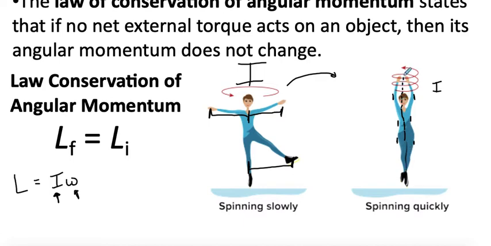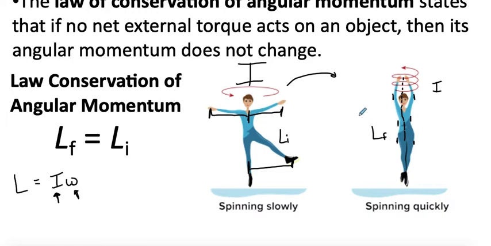So that's how they can spin much faster, and then maybe at the end of the spin they put their arms out again to slow down. But our momentum for this scenario will equal the momentum for the other scenario, or vice versa, depending on which one we're considering to be the final or the initial.